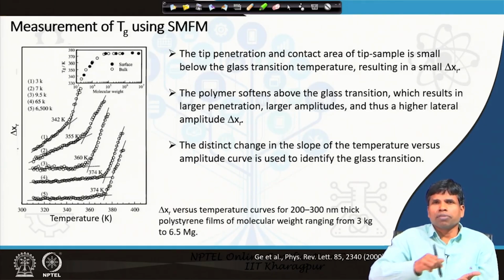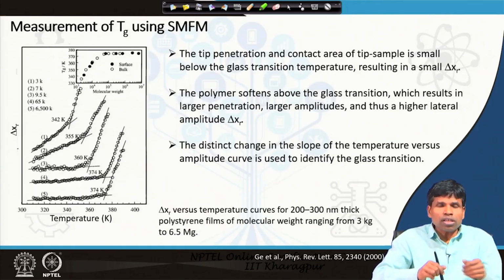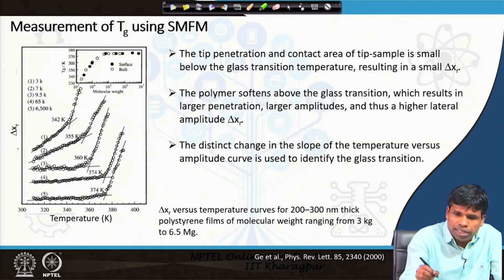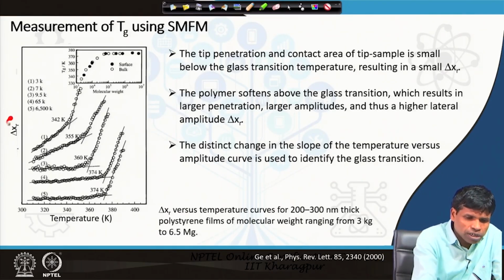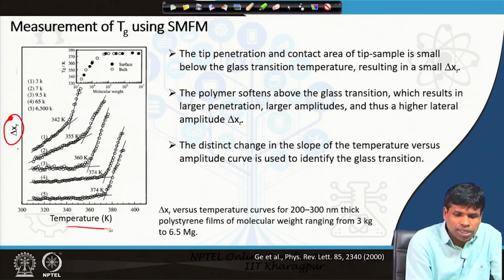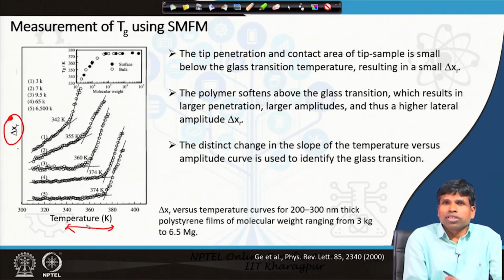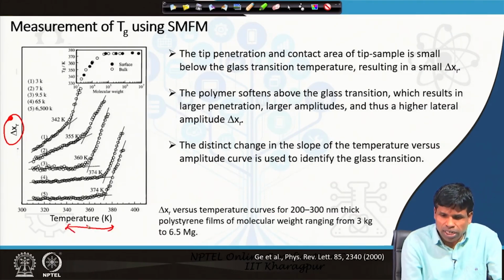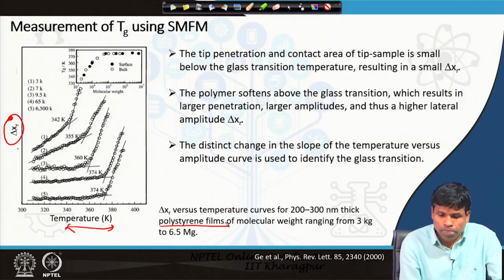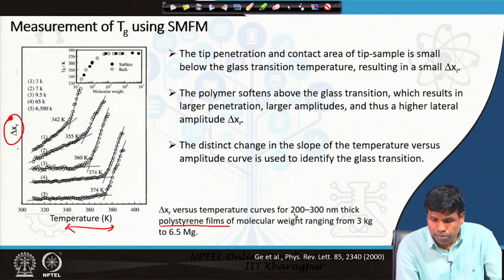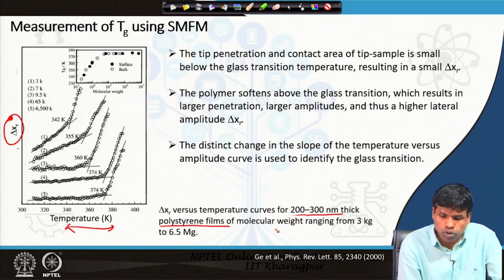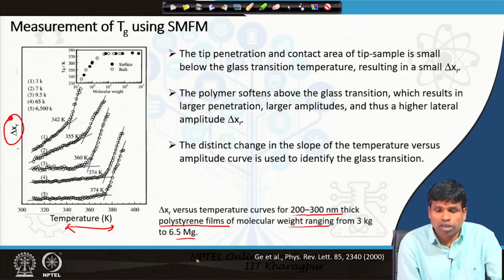At the same time it gives a larger horizontal or lateral modulation amplitude. So, by measuring the modulation amplitude del XR versus temperature, one can know the glass transition temperature. In this case, this is for a polystyrene film with a thickness of 200 to 300 nanometers and different molecular weights, from 3 kilogram to 6.5 megagram.